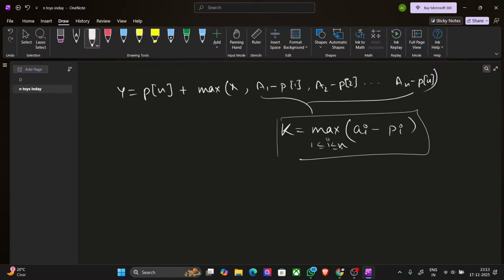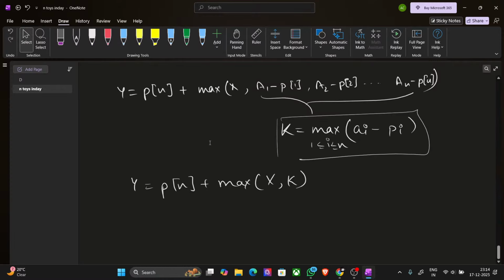Can I directly write k as this, as k is a1 minus p1, a2 minus p2, up to an minus pn, and its function is max, so I can take k is equal to max of ai minus pi, where i is 1 to n, right? So my new formula will be y is equal to pn plus max of x comma k, right?